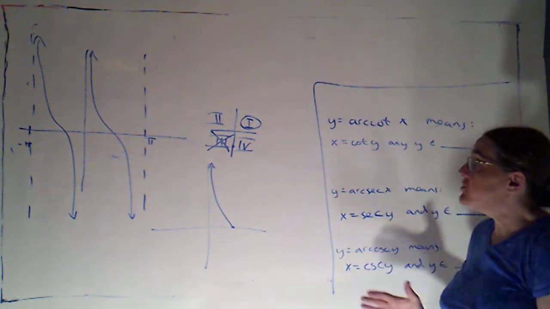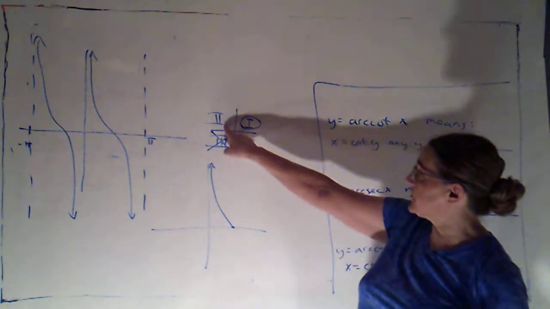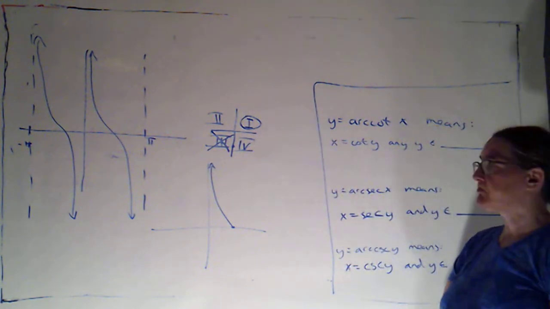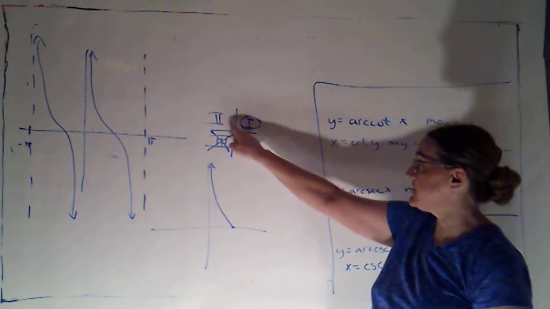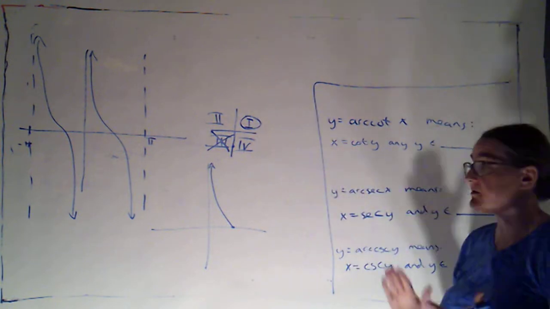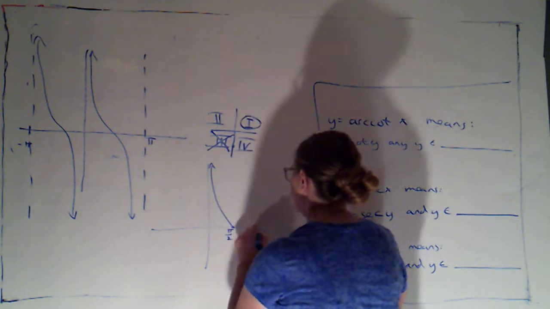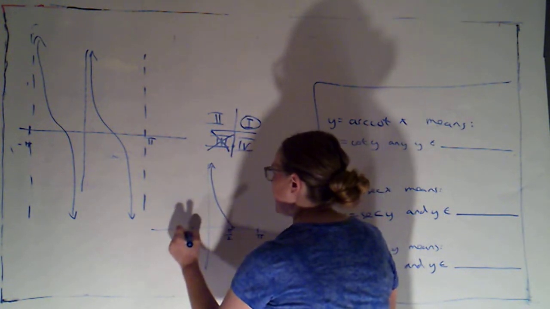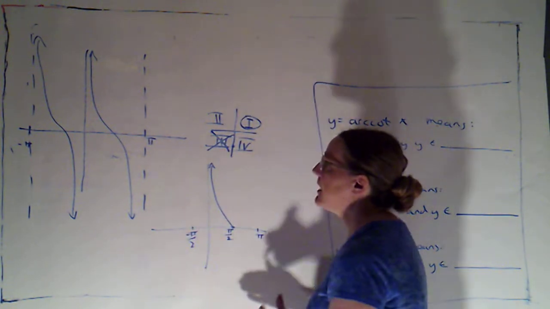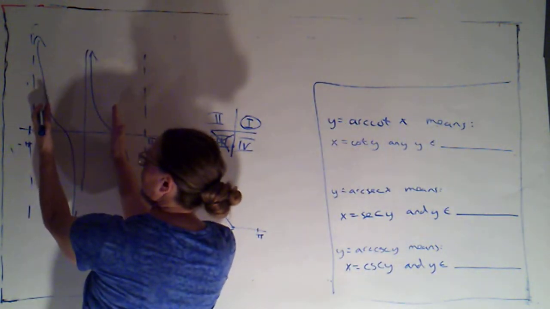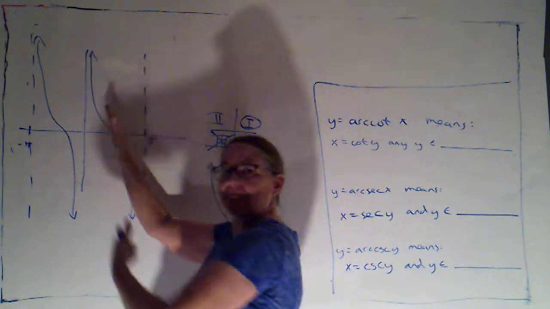Now, I need to choose an interval corresponding to either quadrant 2 or 4. Need to make sure cotangent is negative there. Just like with tangent, cotangent's negative in both of those quadrants, so that's not enough. But if this is pi over 2, here's pi over here, here's negative pi over 2 here, I can see if I chose negative pi over 2 to pi over 2, I'd have an asymptote in the middle of my graph.